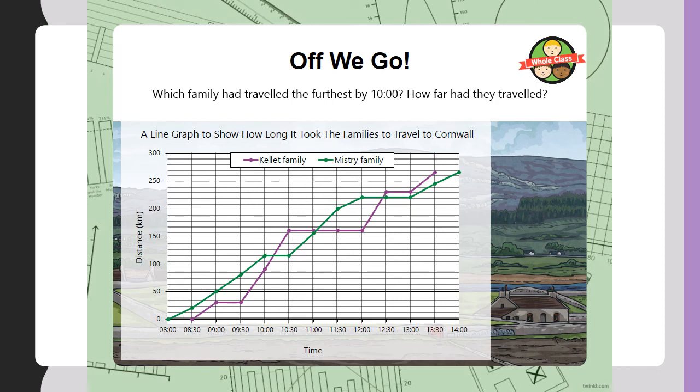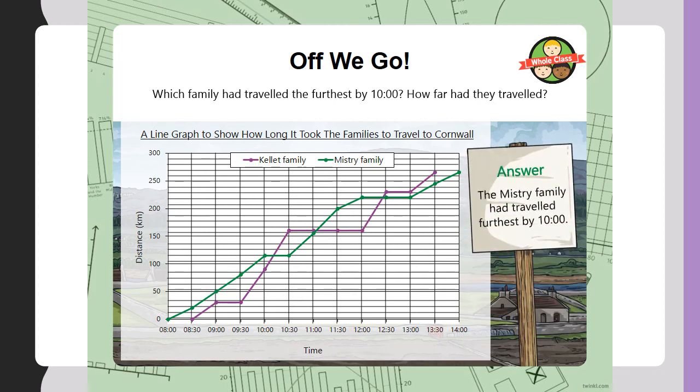Do the same until you reach the green line which represents the Mystery family. When you hit those lines, you're going to need to then travel horizontally to the left until you hit the y-axis, which represents distance in kilometres. And once you've done that, then you'll need to identify how far each family had travelled by 10 o'clock. Pause the video whilst you do that.